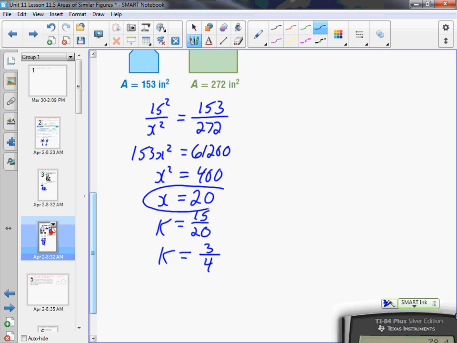So when you've got to find a couple things, and if you're like me, you have work all over your page, it's not a bad idea to circle or put a box around the things you're supposed to find. I think I like that method better. That was kind of easy, wasn't it? Now, it may have been easy just because the numbers worked out so nice. I don't know. But that was good. I like that. Okay, any questions?